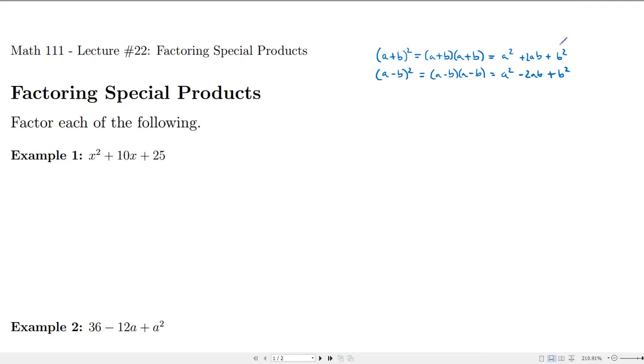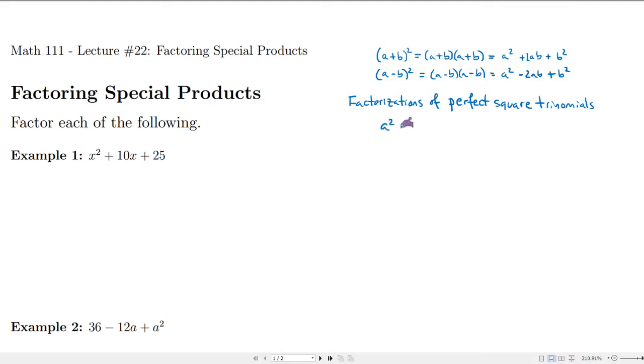So if we were given expressions like what's on the right here, and we wanted to factor, so the factorizations of perfect square trinomials, well, that's just going from the right to the left.